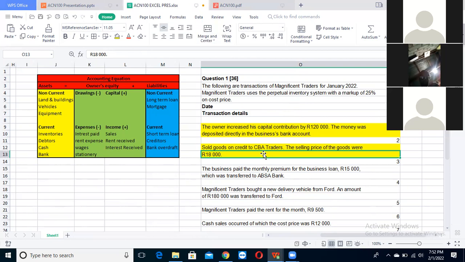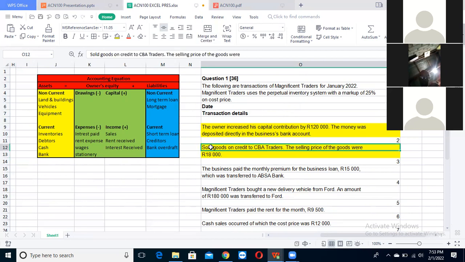Sometimes we are bound to sell them goods on credit in the hope that they will pay at a later date. So in this instance, we sold goods on credit to CBA traders. The selling price of the goods was 18,000 rands.